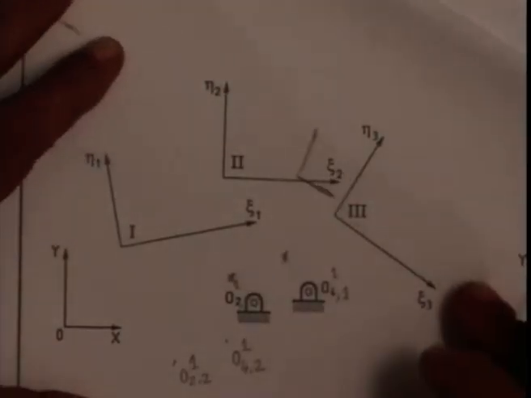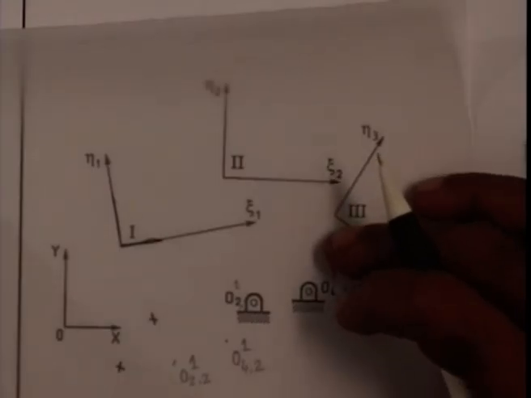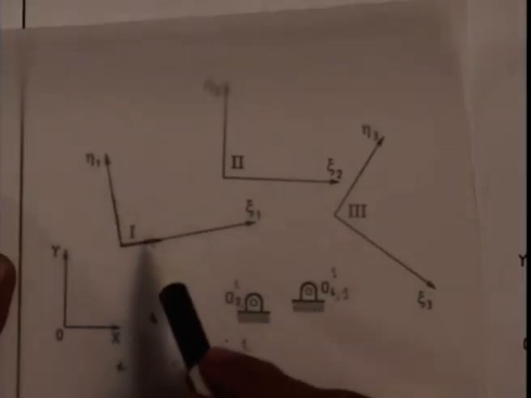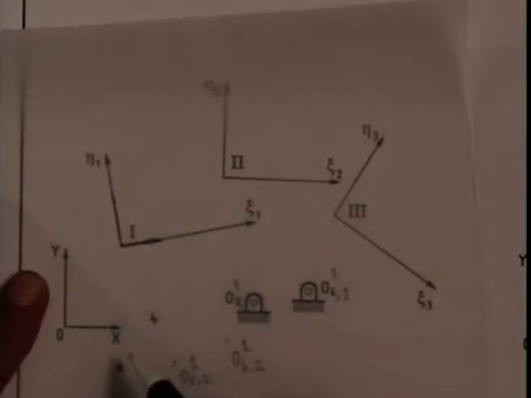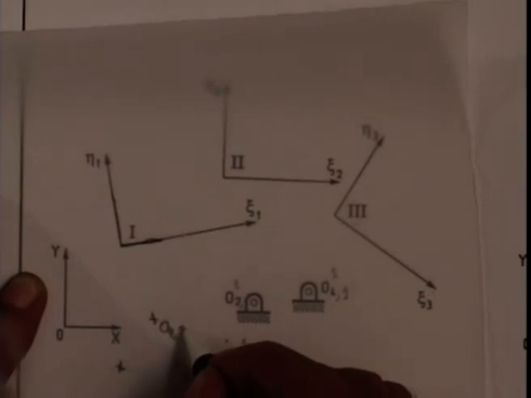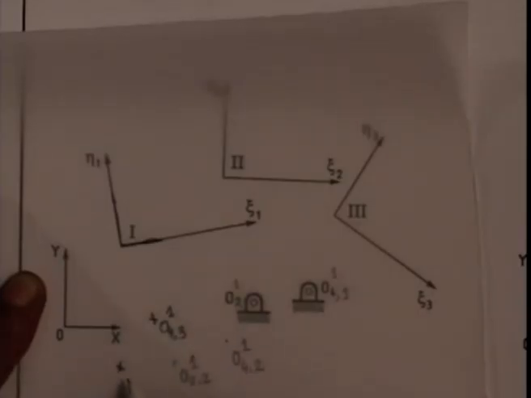If I make a kinematic inversion with the coupler fixed in the first position, that is, I make eta 3, zeta 3 coincide with eta 1 and zeta 1 respectively, then O4 moves here and O2 moves here. So this position I called O4, the third position, inverted on the first position. Similarly, this is O2 in the third position, inverted on the first position.